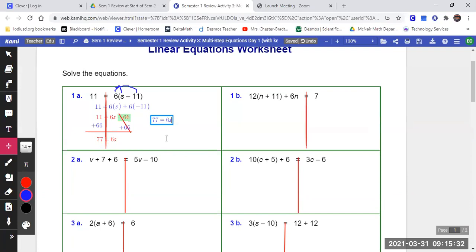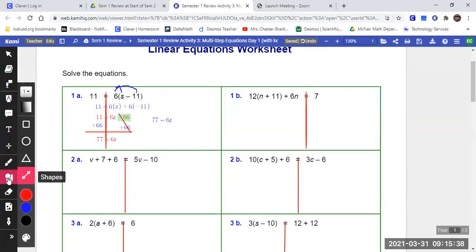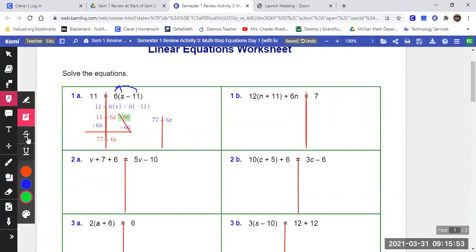All right, so I finished my big 0. The 6 with the s means multiplication. So I have to undo multiply. What did I say we do to undo multiply? We make the big 1. Okay, we're making our big 1 now. We have to big 1 that 6 out of there.